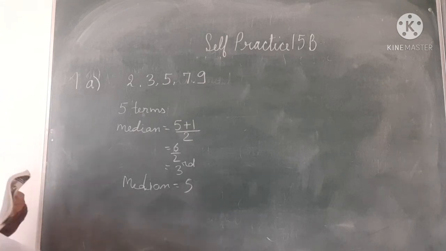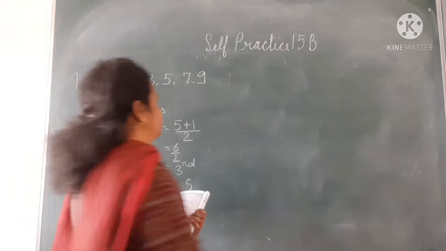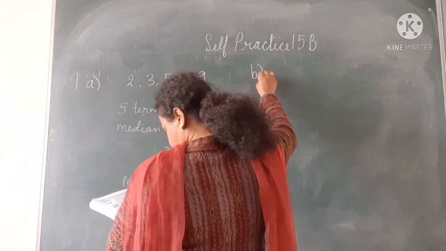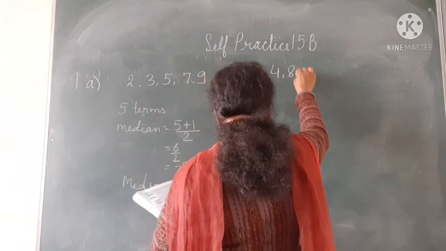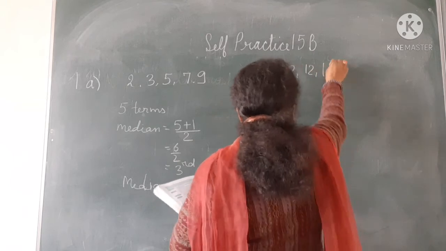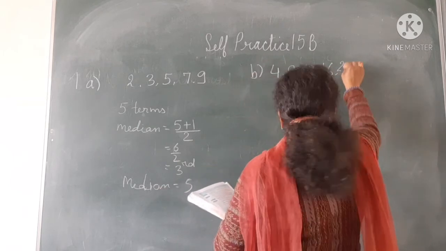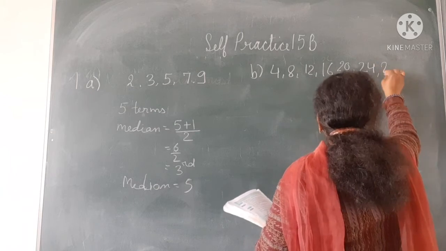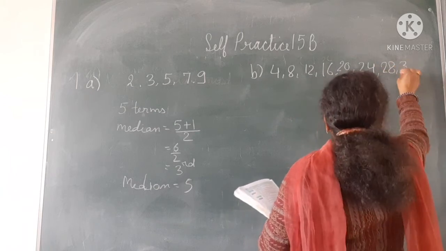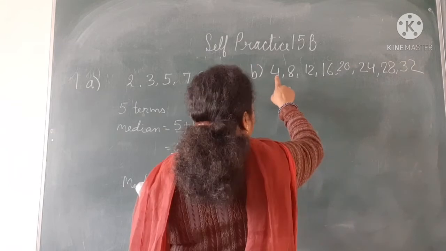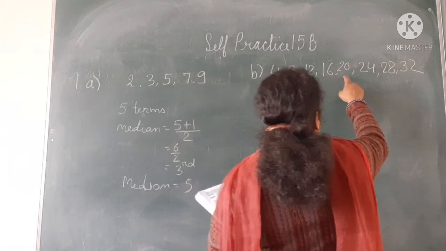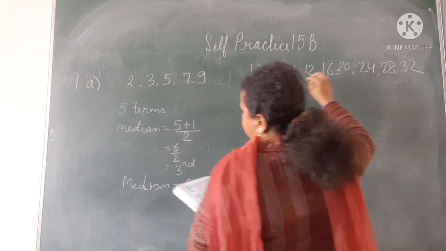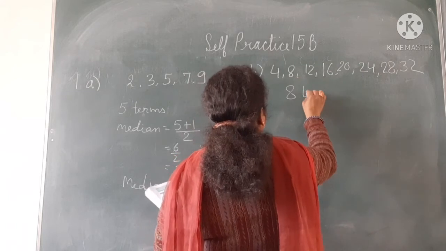Now part B: 4, 8, 12, 16, 20, 24, 28 and 32. There are 8 terms.